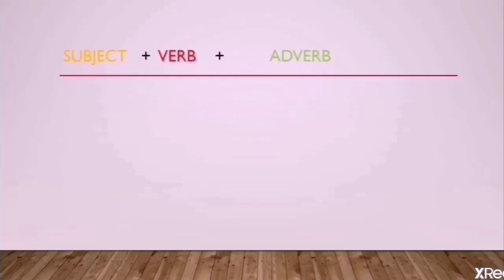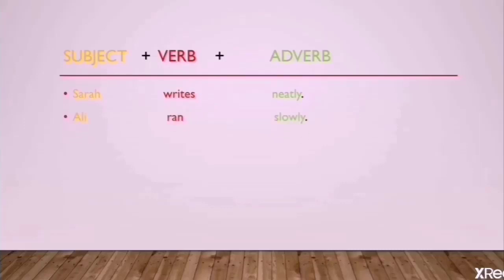Another sentence pattern is subject, verb, and adverb. Sarah writes neatly. Sarah is a subject. Writes is a verb. Neatly is an adverb.